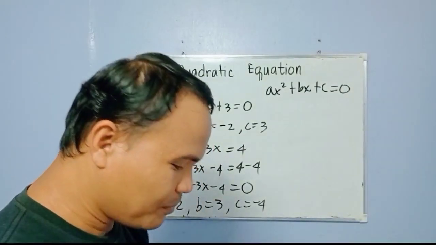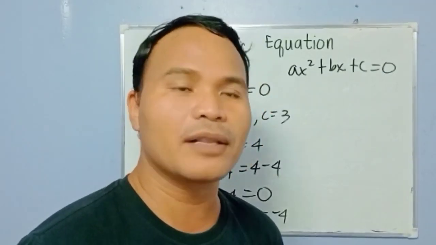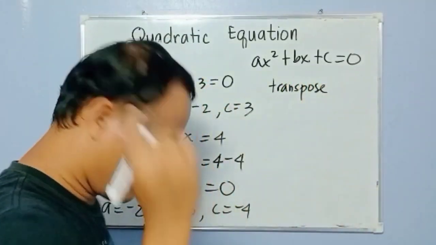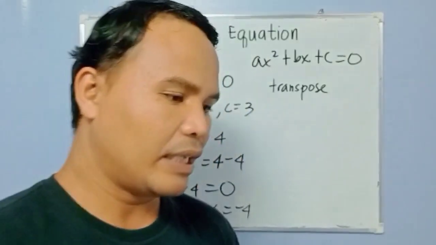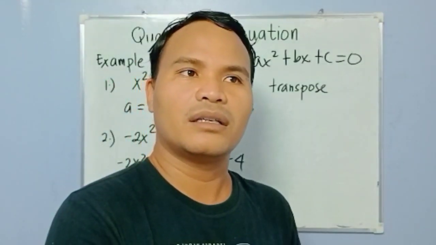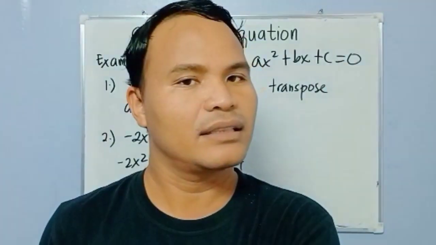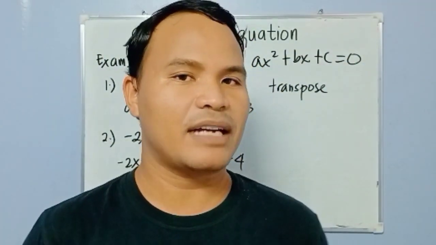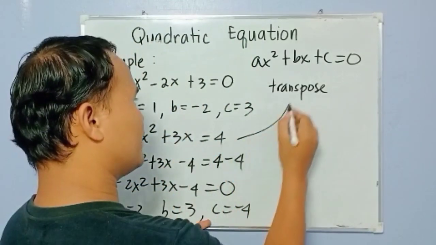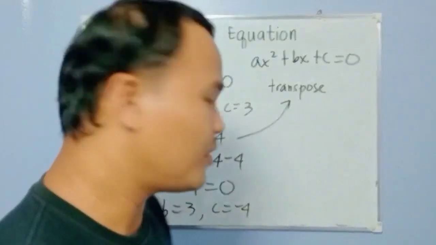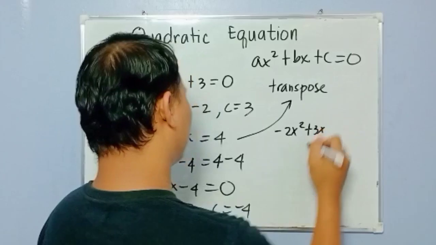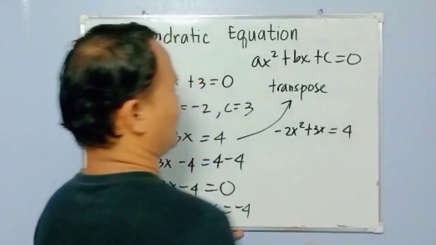Okay. Now, some of the teachers introduced the word transpose. When we say transpose, it is a process where you move a number to the other side of the equal sign. For example, here, I'm going to apply the idea of transpose. Negative 2x squared plus 3x equals 4.